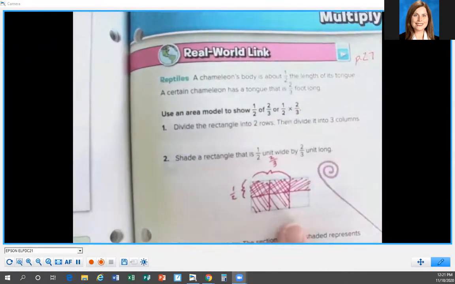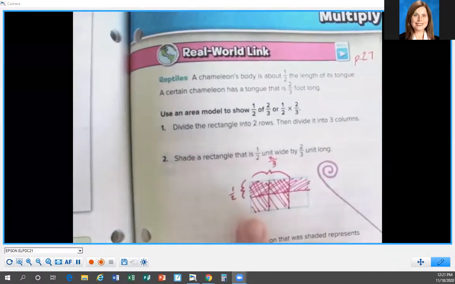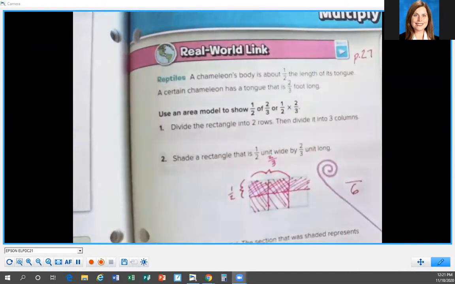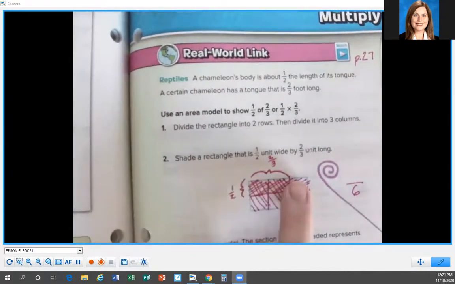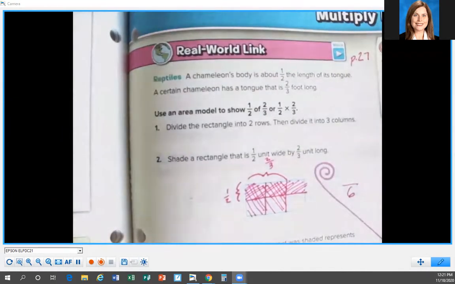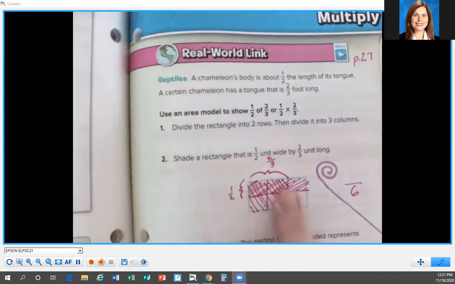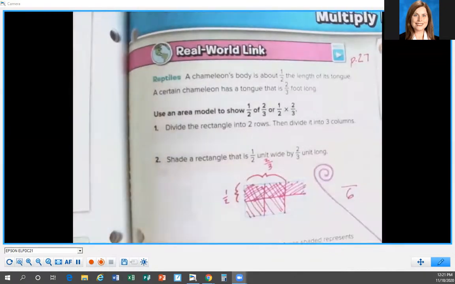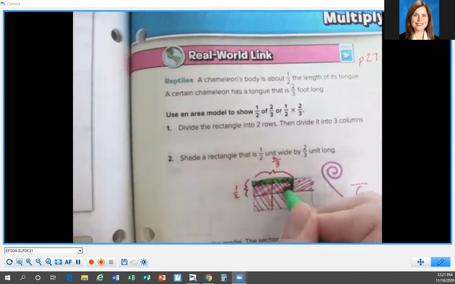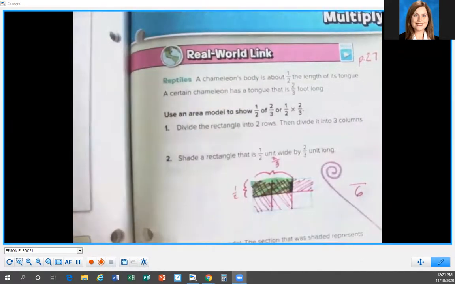And then I'm looking at, out of my rectangles, first of all, how many rectangles do I have total? I have 6 total rectangles. 1, 2, 3, 4, 5, 6. And how many of those were shaded both times when I took 2/3 and 1/2? These two right here. I'm just going to highlight those to make them stand out a little bit more. So these two rectangles got shaded both times.